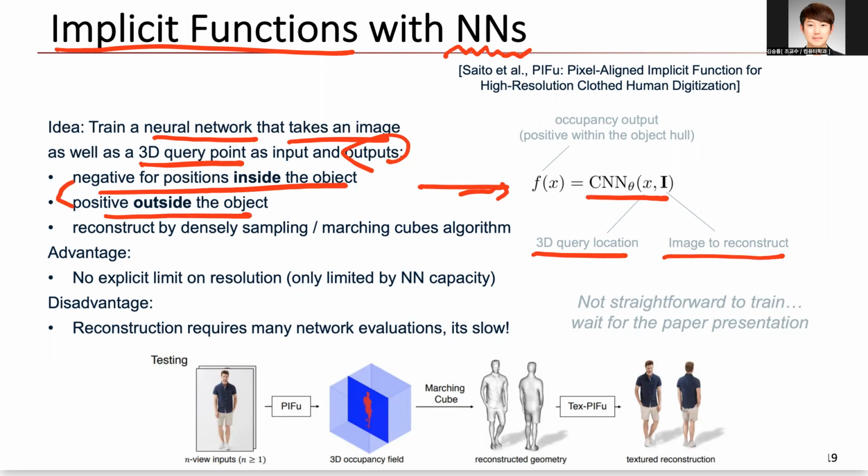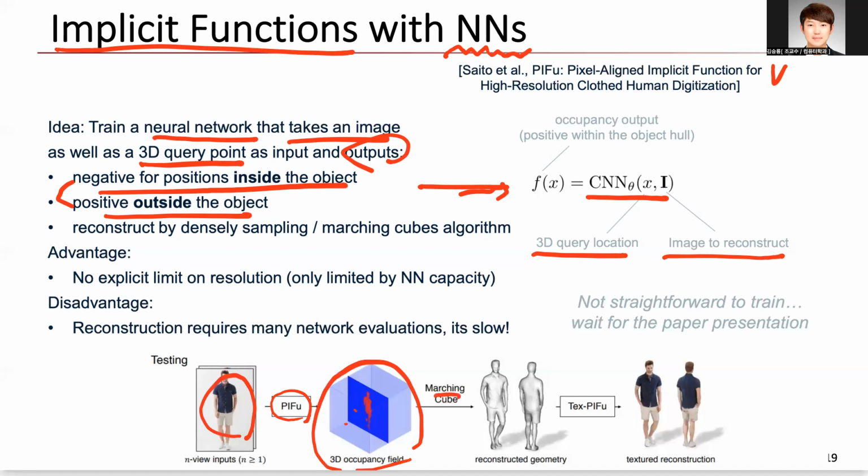This idea started in the paper PIFu, pixel-aligned implicit function for high-resolution clothed human digitization. In this paper, they tried to learn a neural network which takes input images as well as a 3D point and generates the 3D occupancy field.